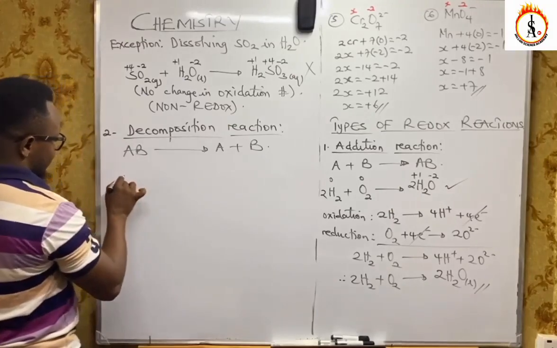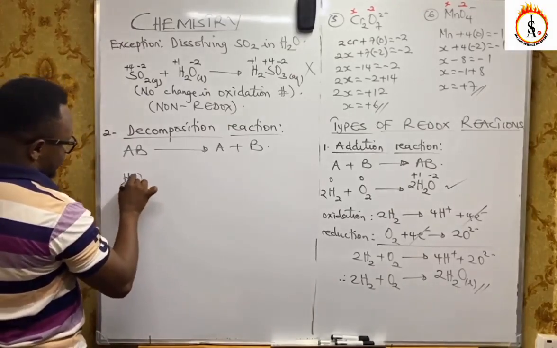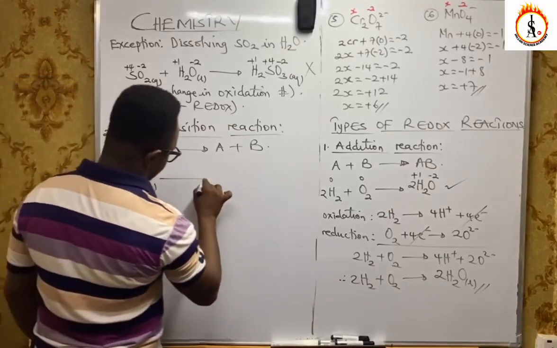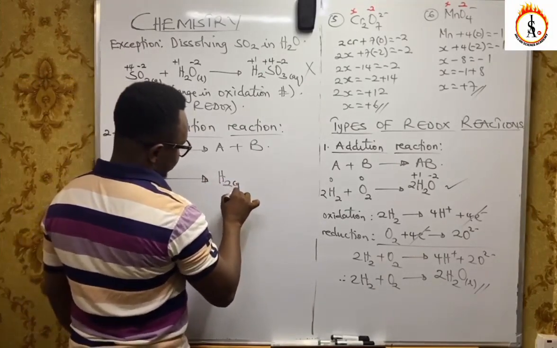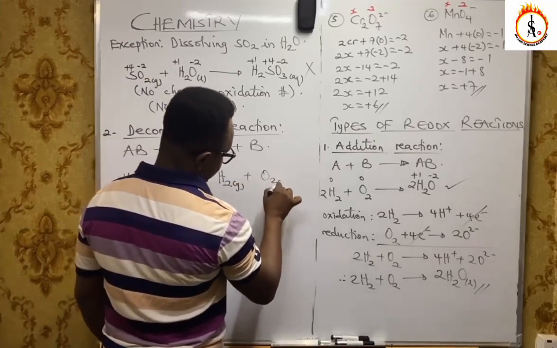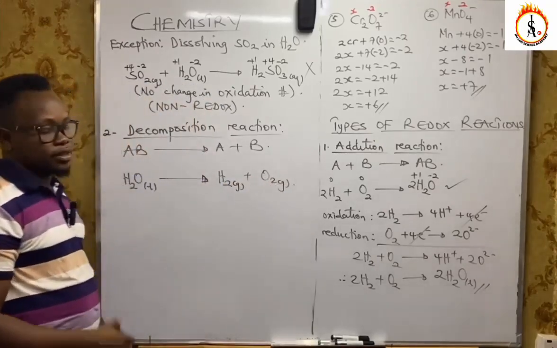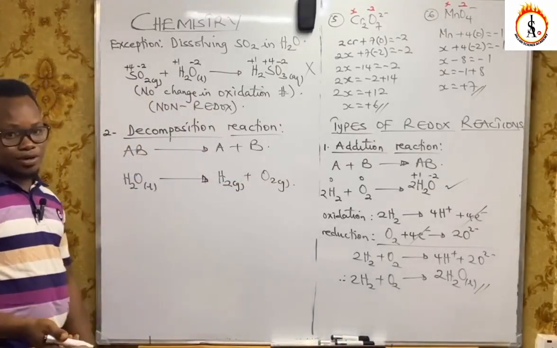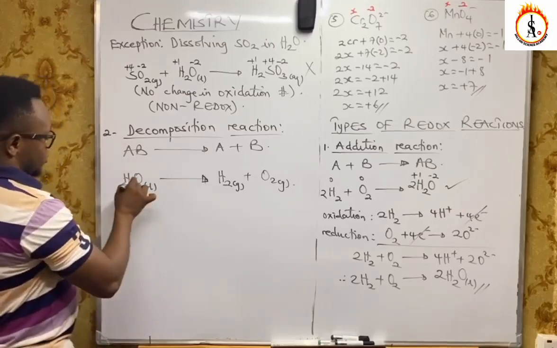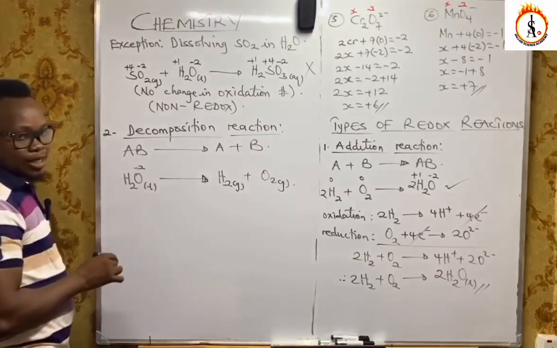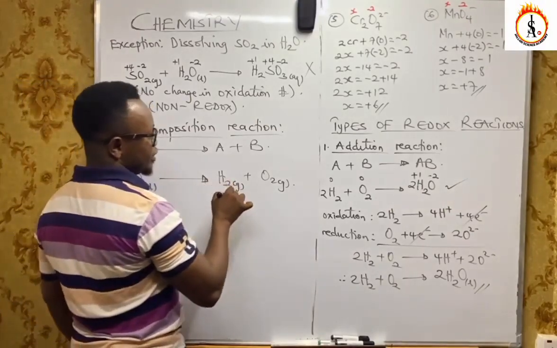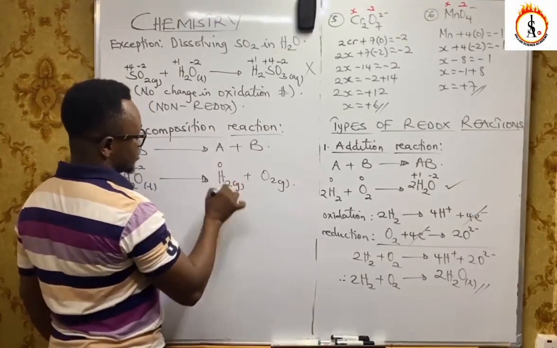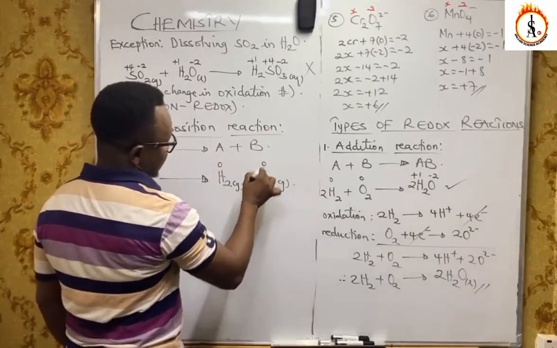So let's say here we have water molecule, liquid, being decomposed into gaseous hydrogen and oxygen gas. This reaction is a redox reaction. Oxygen here has a charge of -2, hydrogen has a charge of +1, hydrogen here in its free state is 0, and oxygen here 0.